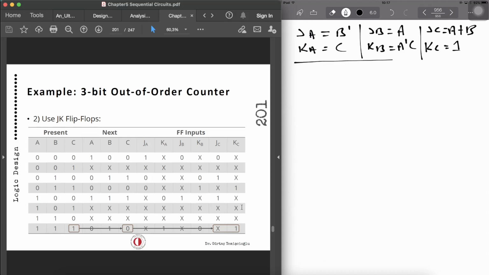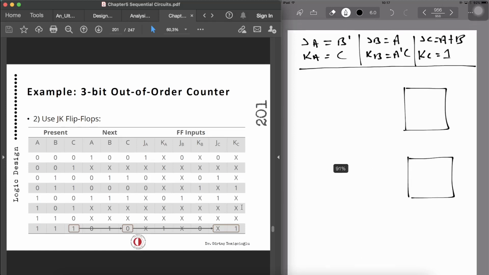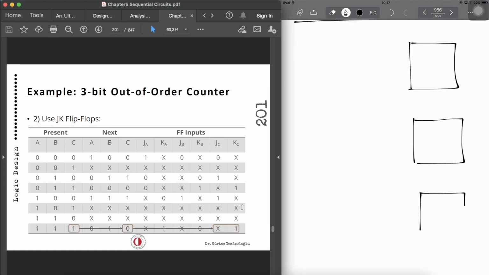So we have got all the flip-flop inputs. All we need to do is implement the circuitry. We need 3 JK flip-flops. That's 1, that's 2, and that's the third one. So JK inputs. Q, Q prime, Q, Q prime, Q, Q prime.